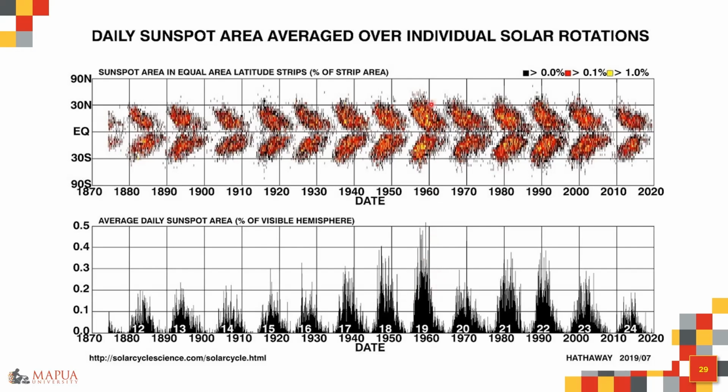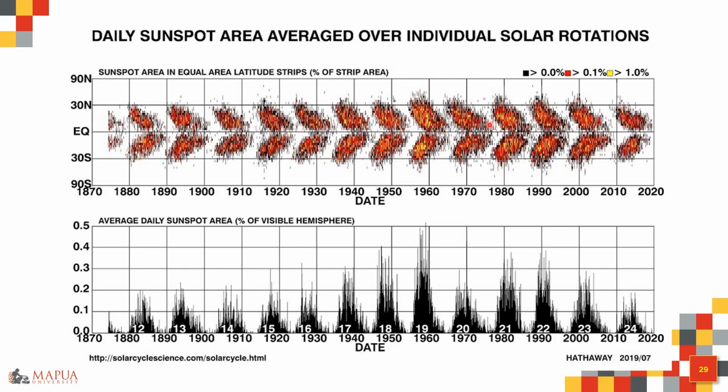Okay, so you will notice here that the sunspots drift from higher latitudes of about 25 to 30 degrees north and south latitude of the sun, and they drift toward the equator to close to about 20 or maybe closer.